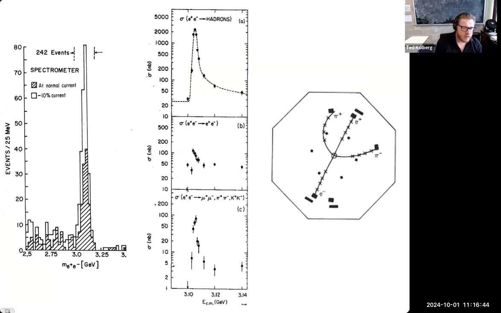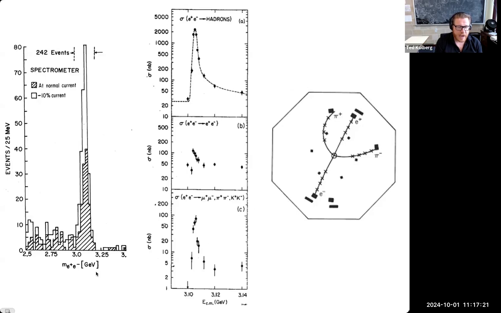So starting with the results from the Brookhaven experiment at left, you see that there is a huge excess of events around 3.1 GeV seen in the BNL detector. Originally, the Mark I detector was not really sensitive to this peak because they had been scanning their energy range in steps of 0.2 GeV or 200 MeV, and they skipped right from the point at 3.0 to the point at 3.2, and that almost meant that they entirely missed this giant structure in between.